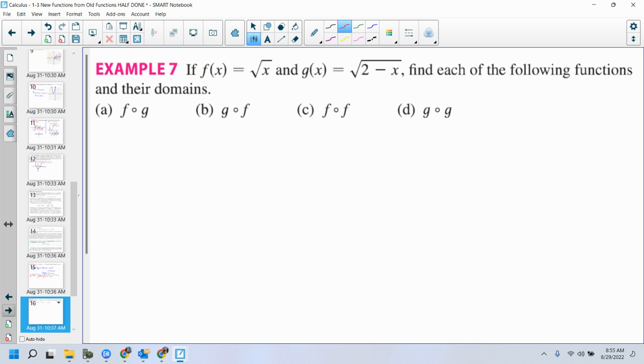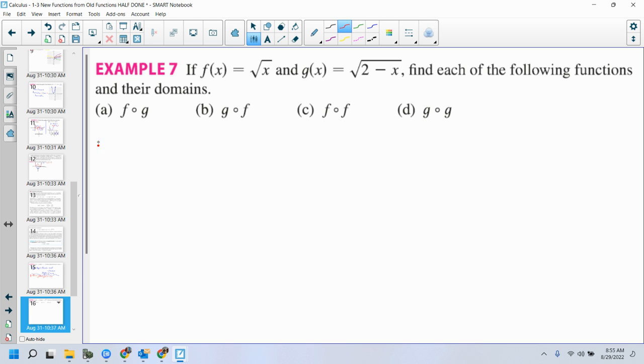Let's take a look at something that would change a little bit. We've got radical x and radical 2 minus x. Obviously these are going to have a tricky domain, so my domain's going to get a little funky. f of x is radical x and g of x is radical 2 minus x. First things first, let's find f of g.